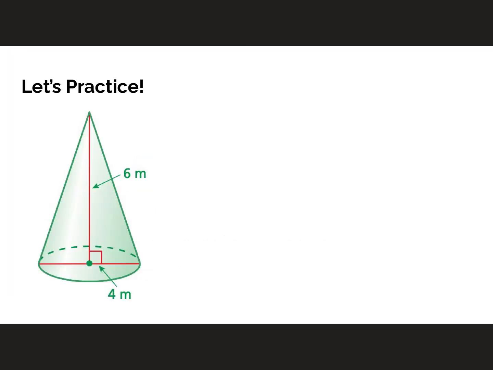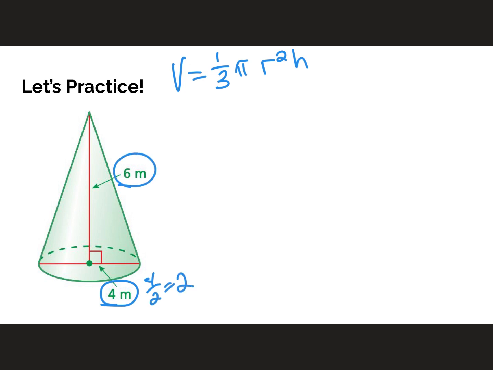So let's practice. Again, our volume is 1/3 of pi times our radius squared times our height. Here we have a diameter of 4. That means our radius is 4/2, which is 2. We have a height of 6. So our volume is 1/3 of 2 squared times 6 times pi.